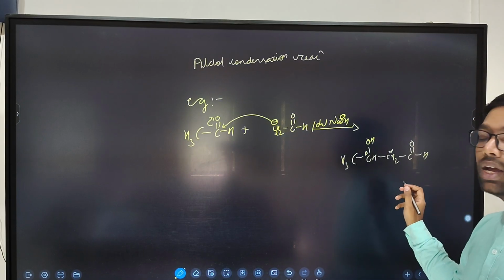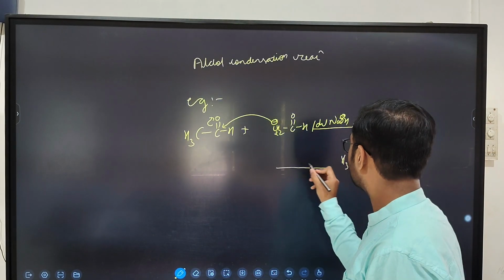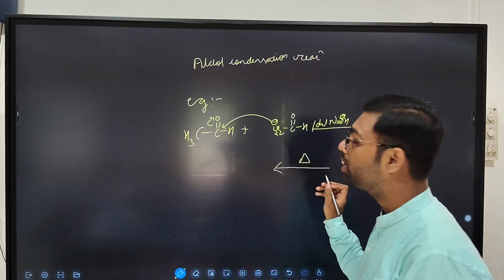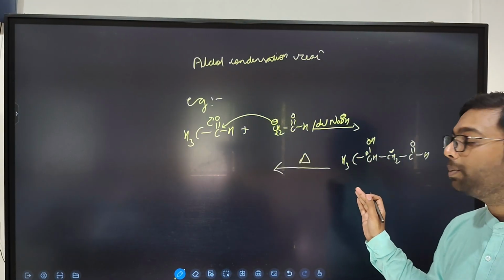Upon further heating, we will get the corresponding alpha beta unsaturated compound. How?